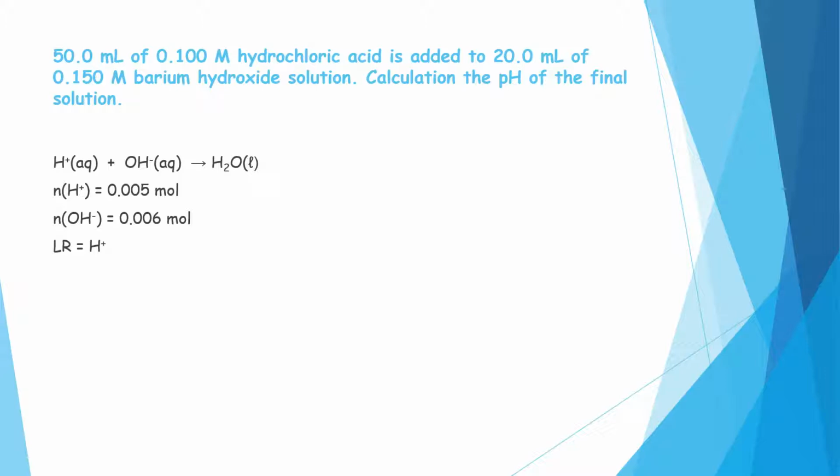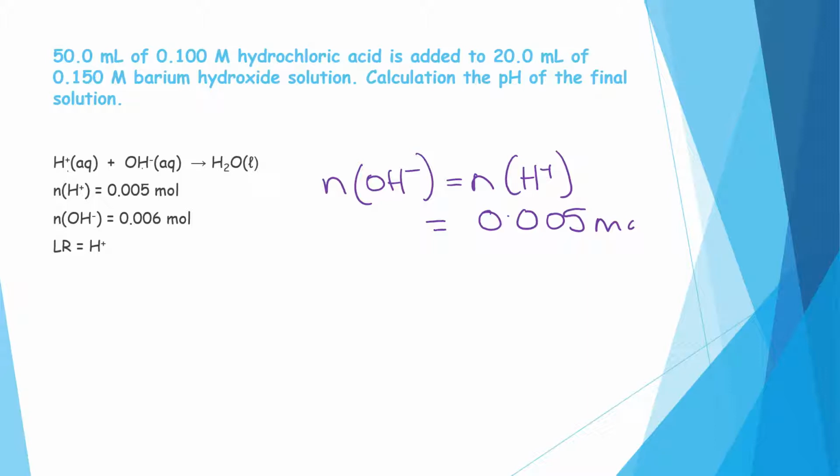As we now have the limiting reagent, we can now determine how many hydroxide ions have been used. So the number of moles of hydroxide ions will equal the number of moles of hydrogen ions because it is in a 1-to-1 ratio. So the number of moles of hydroxide ions used will be equal to 0.005 moles.